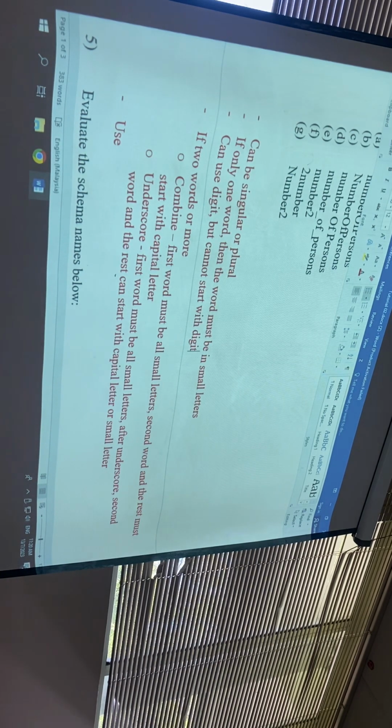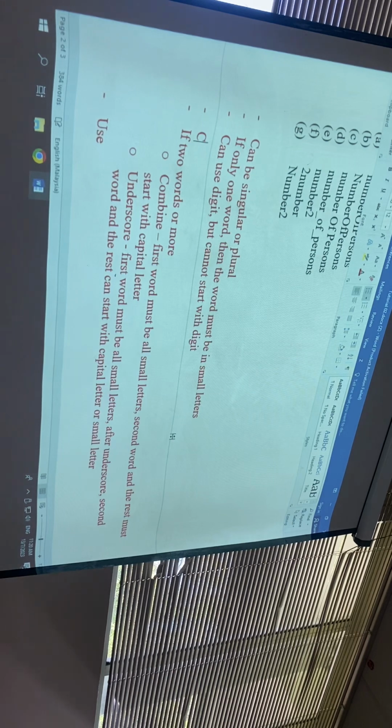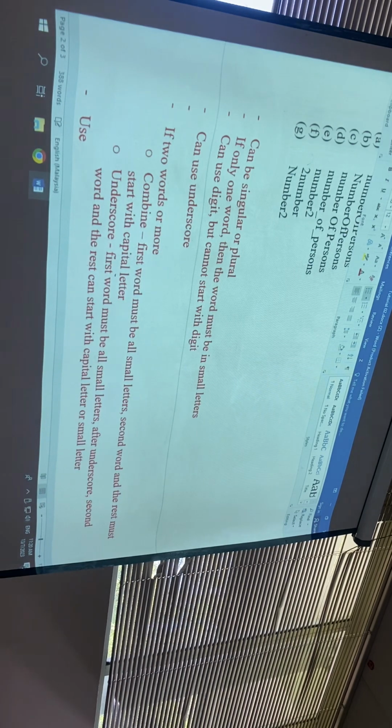Okay, cannot start with digit. Can use underscore also. No other symbols can be used.